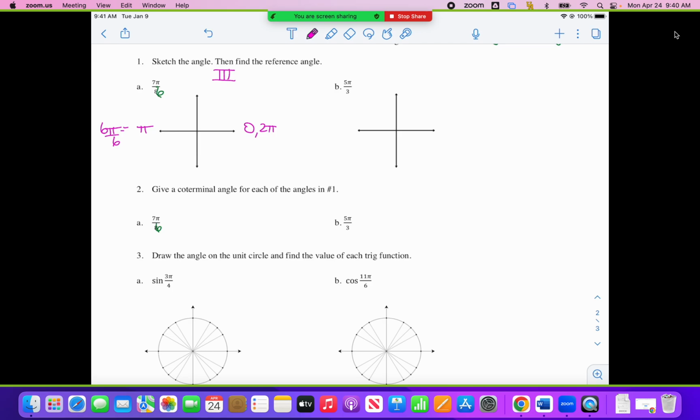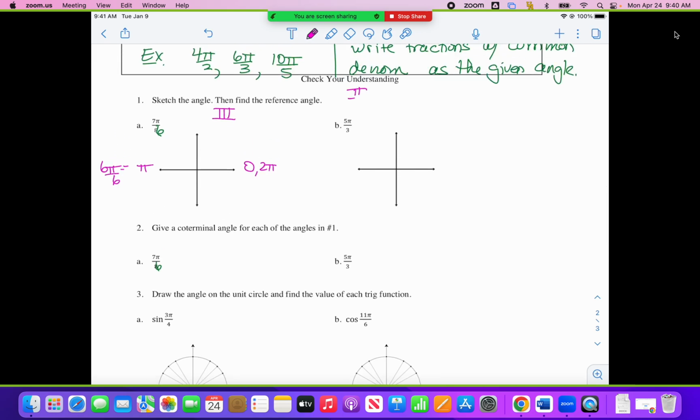7 pi over 6, I label 0, pi, 2 pi. I can tell this is a teeny tiny bit more than pi, because pi would be 6 pi over 6. So 7 pi over 6 is 1 pi over 6 in. You've got to remember pi over 6 is 30. What's pi over 3? 60.